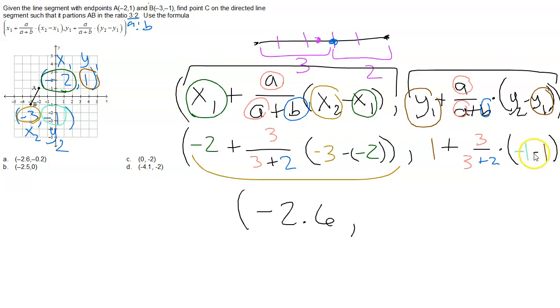Notice this time we had minus from the formula, but y1 itself was a positive one, so we didn't have to do that minus. If we were to solve this by hand instead, we would want to combine underneath the fraction first, and then also do what's inside the parenthesis. We'd have 1 plus 3 divided by 5 times, because 3 plus 2 makes the 5, -1 minus 1 is -2. At this point, we need the calculator again.